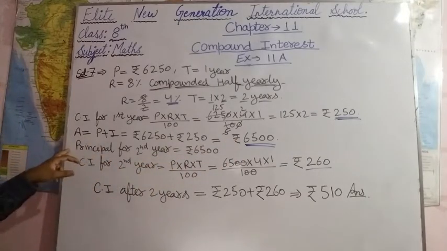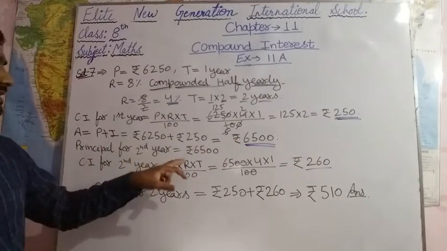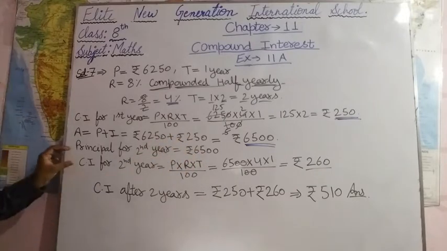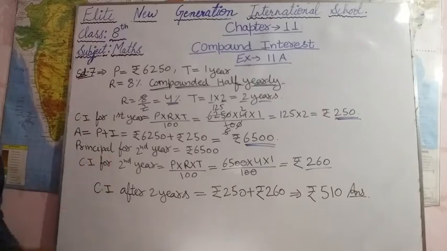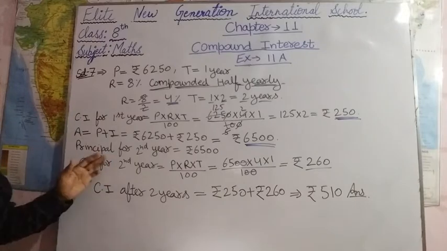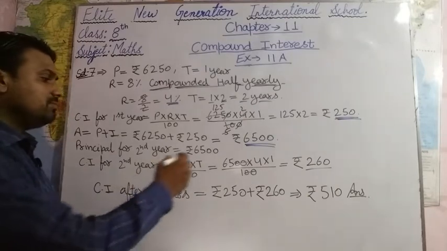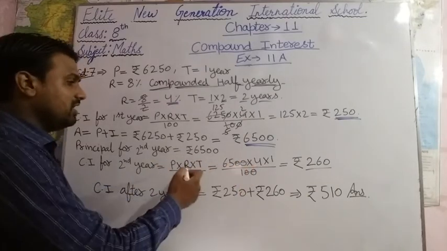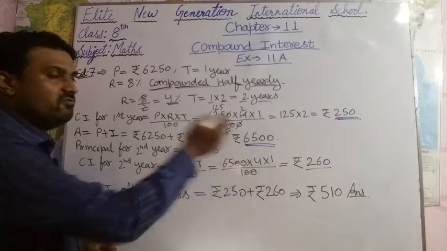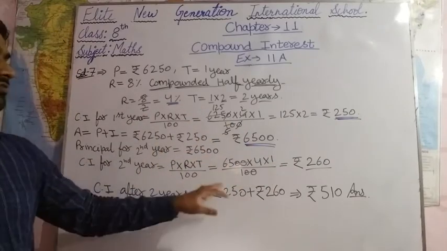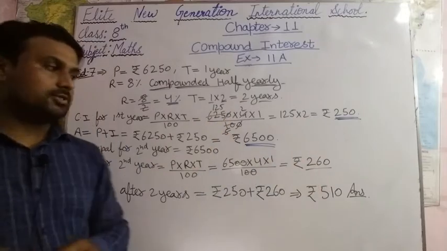So here we can say that principal for second year will be rupees 6,500. Now we have to find compound interest for second year. So compound interest for second year will be P into R into T upon 100. Here principal will be 6,500, rate will be 4% and time we will take 1 year, and upon 100 by solving it will be rupees 260.